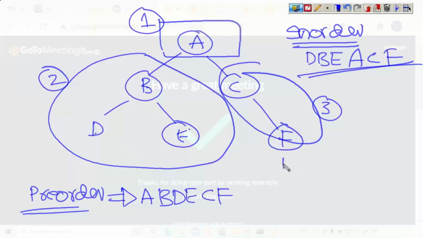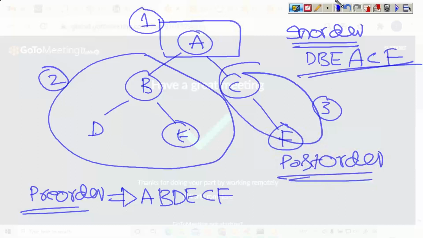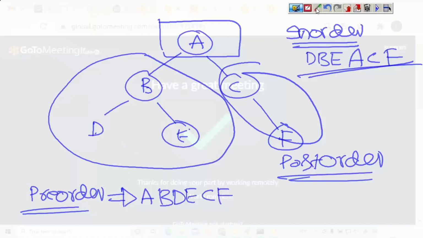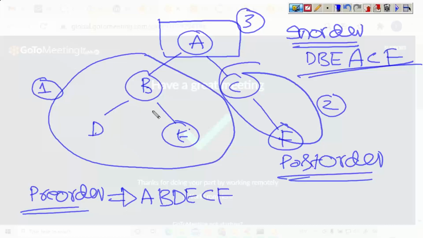So what could be the post-order? Post-order means first this is left side, then second one right side, then root. These are the post-order. Post-order, root will be the I and L. Now B also same way.